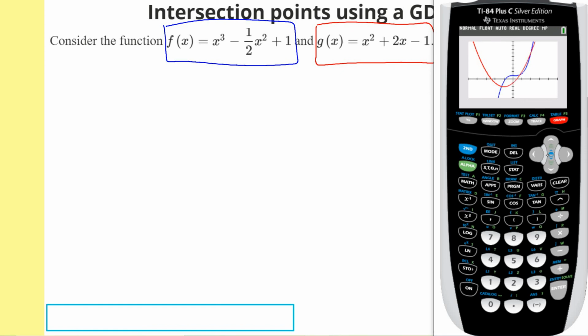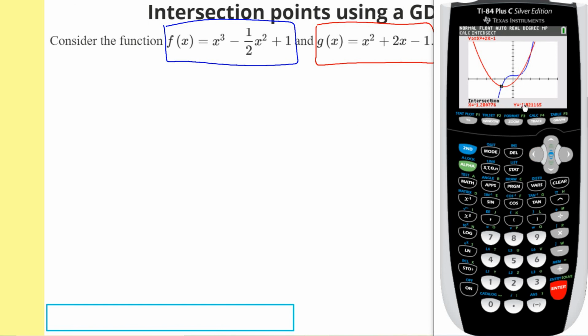Okay, so now you want to find the intersection points. So we do second trace, we do number 5. And so we're doing our guesses. So do the blue curve, right, because it says first curve. So I'll do that guess. Then do the second curve. Okay, try it. Close enough.